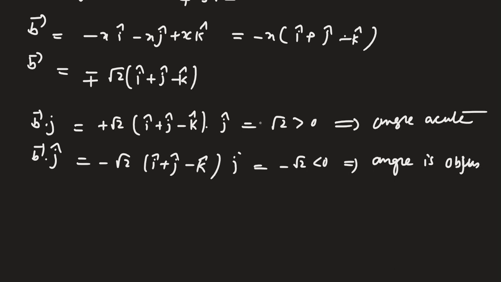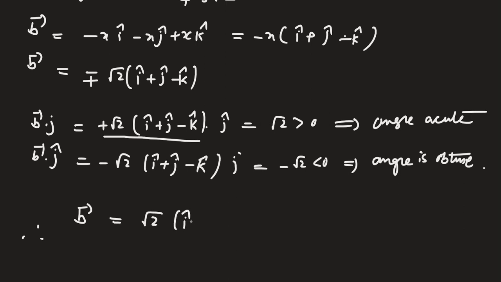Therefore we have to select the positive sign. So out of two, our correct answer is this one. Therefore b vector will be root 2 i plus j minus k vector.